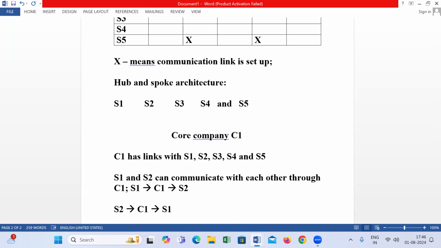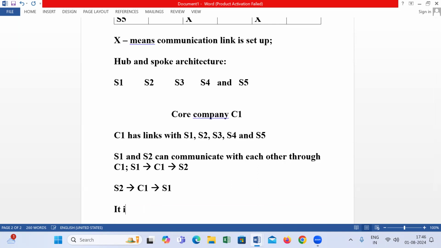So in fact, all of S1, S2, S3, and S4 are connected via the C1 company. This is another kind of hardware architecture where information transfer becomes that much easier, but certainly it is expensive. And we'll relate all these things to the strategy of the organization.